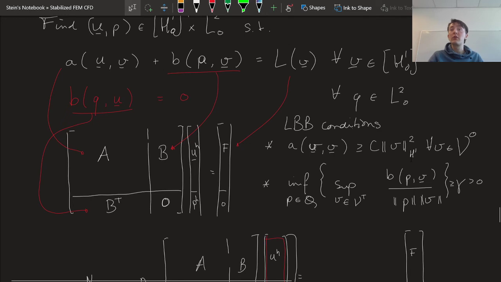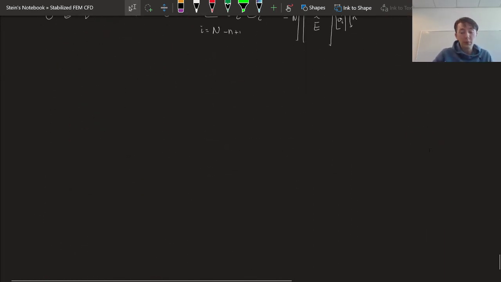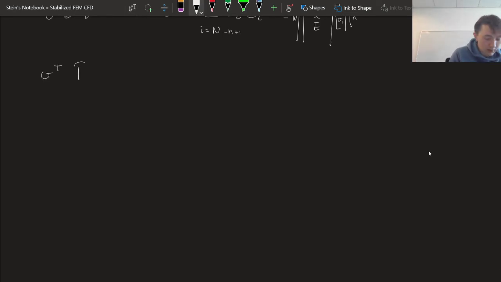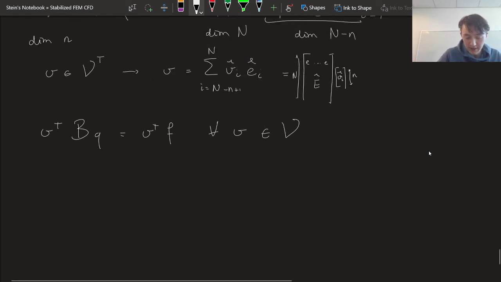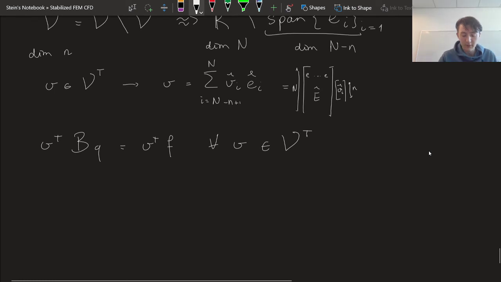Then with this given velocity, we solve as a second step for the pressure, and that requires the Inf-sup condition. So the Inf-sup condition becomes important for the system of equations Vt b q is equal to Vt times f for all v in the transpose space.